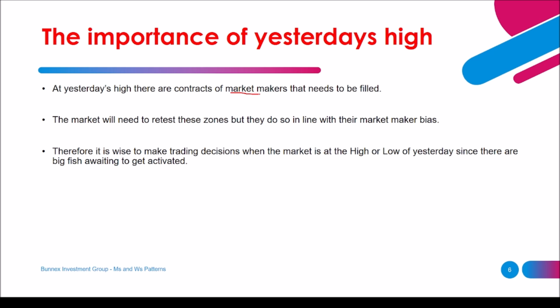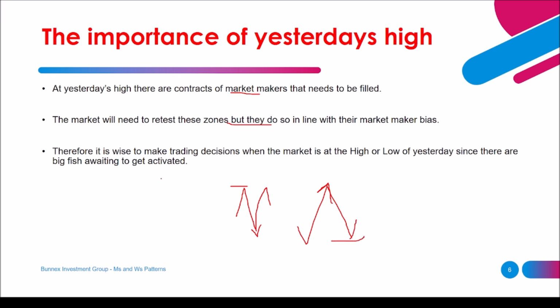So the market will need to retest these zones, but they do so in line with their market maker bias. We've said we need to have the market bias, and by market bias, is the market going down or is the market going up? After doing that, we are now expecting a retest of yesterday's high, and a retest of yesterday's low.